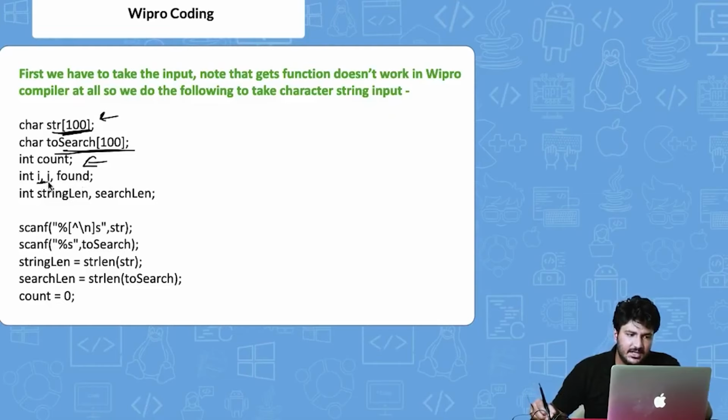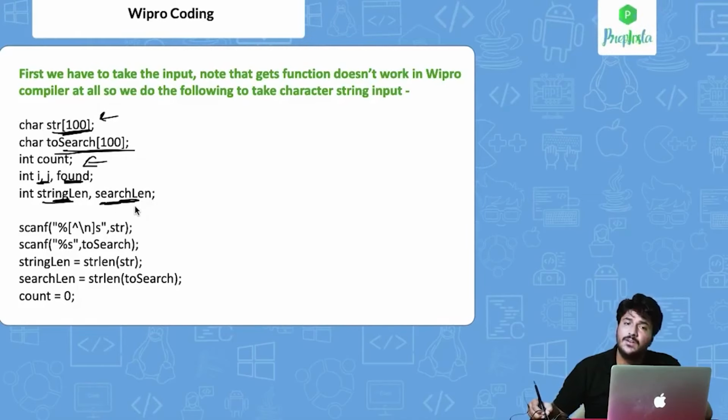And then i and j are to iterate upon the loops that we'll further be using. found is to identify if we found it or not. And then finally, string_len and search_len are basically to find the length of the input string and the target string, right?